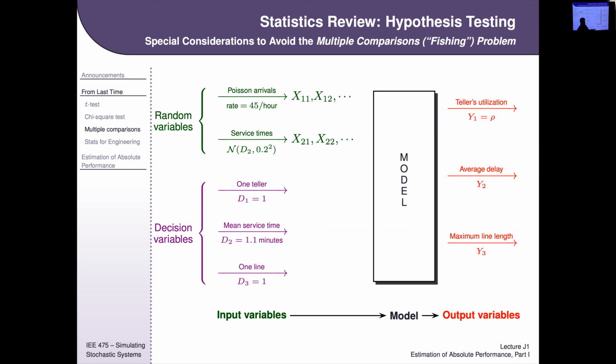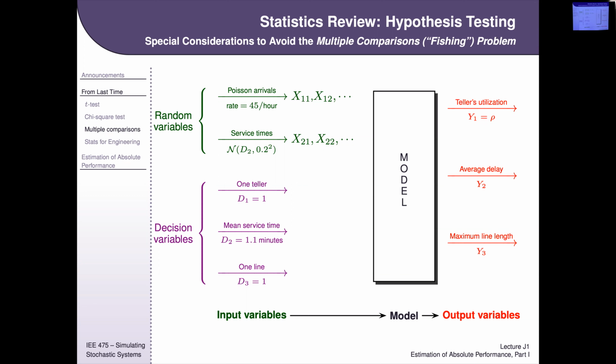And so the problem is, if you have a bunch of output variables, if you don't find a difference on one using, say, a T-test, eventually, because a T-test has type 1 error, you will eventually find a difference that may only be due to chance. So you get the fishing problem. There's a 5% chance you're going to see a difference between your baseline case and your hypothetical case for each output that you measure.